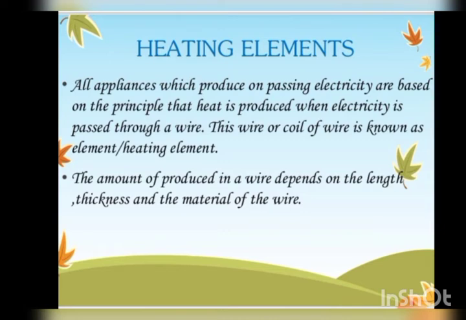Okay, once the current is passed through these elements, heat is produced. The amount of heat produced in a wire depends on the length, thickness, and the material of the wire. Okay, the amount of heat depends on what? Length, how much length of the wire is, how much thickness of the wire is, and what type of material is used to make the wire.